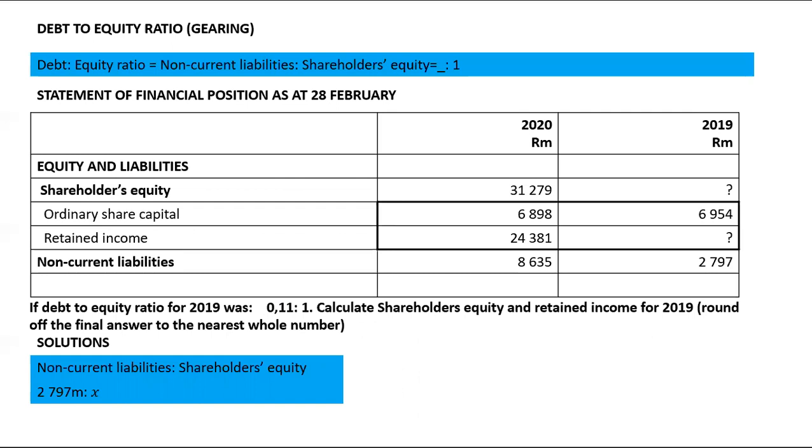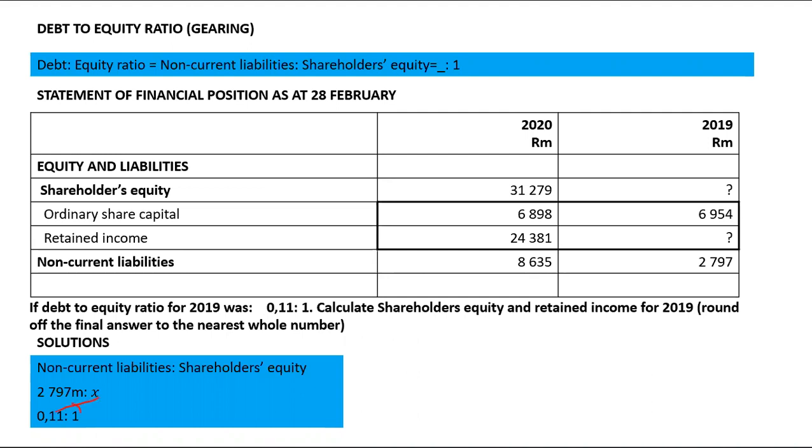You just cross multiply, right? And then what do you do from here? You times 2,797 by 1 and X by 0.11. Thank you. So we just cross multiply.